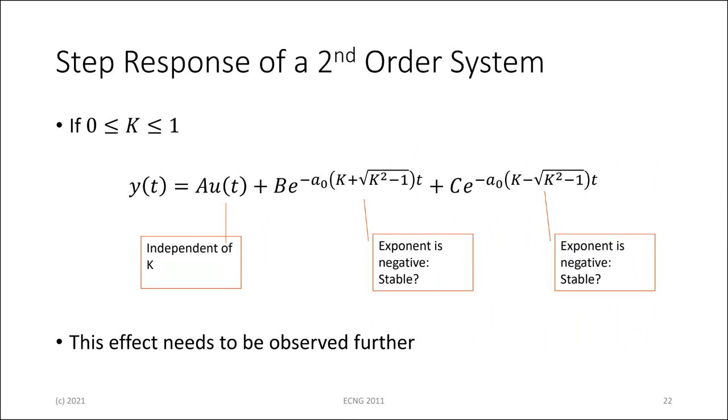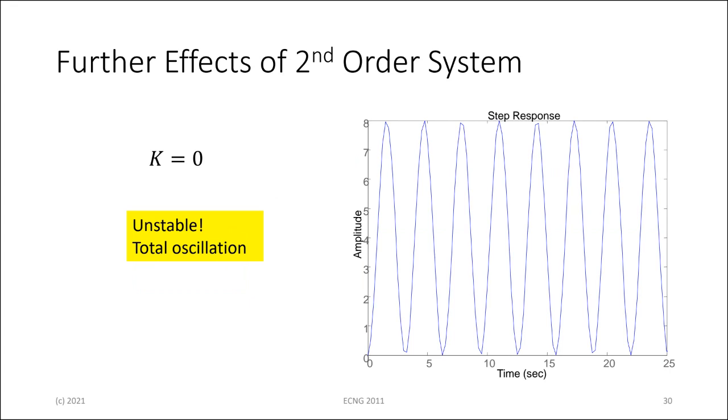K is 0 in these points here, so you could take off K here. What you're going to be left with is e to the j omega t, because you have a square root of minus 1 inside of there. So that's going to give you oscillations, and it's going to go on in perpetuity.